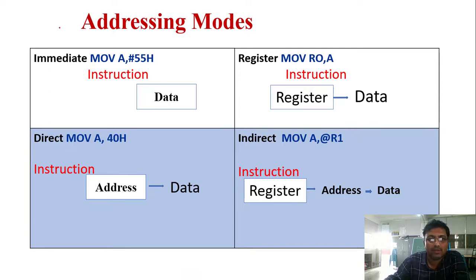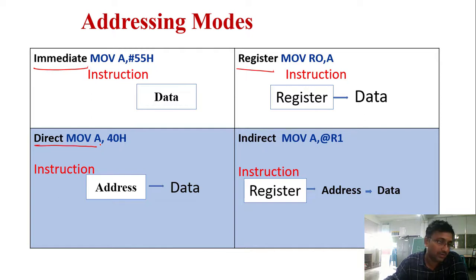Next, this data transfer instruction works based on different addressing modes. There are 5 addressing modes. First is immediate addressing mode, where we specify the immediate data. Register addressing mode is data transfer between two registers. Third is direct addressing mode, which uses a direct memory address.